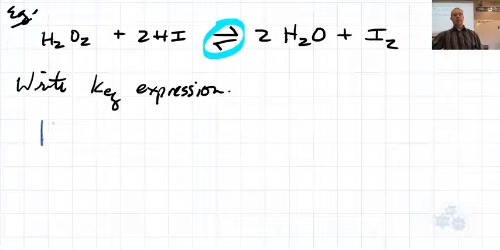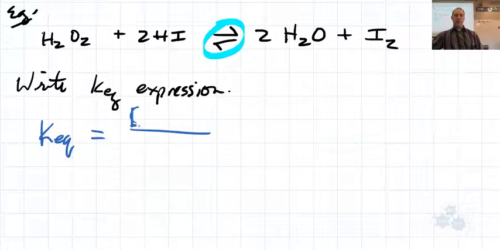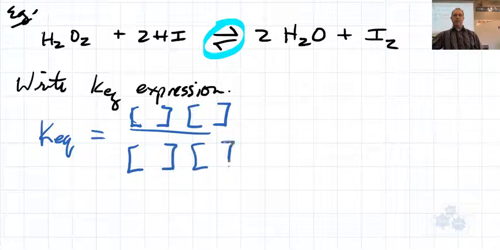Now remember, the KEQ is comprised of the product of the product concentrations divided by the product of the reactant concentrations. That's the pattern we're looking for. And again, we have to pay close attention to what the coefficients are.